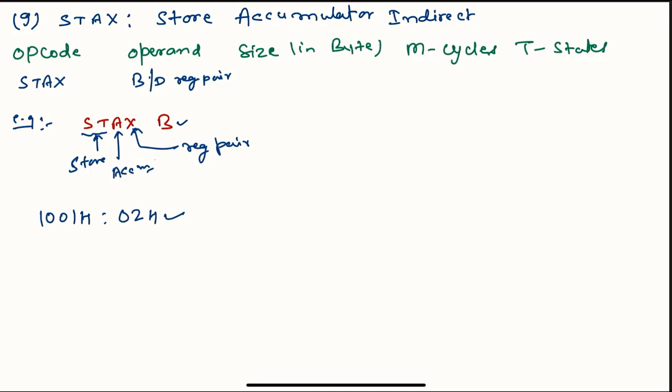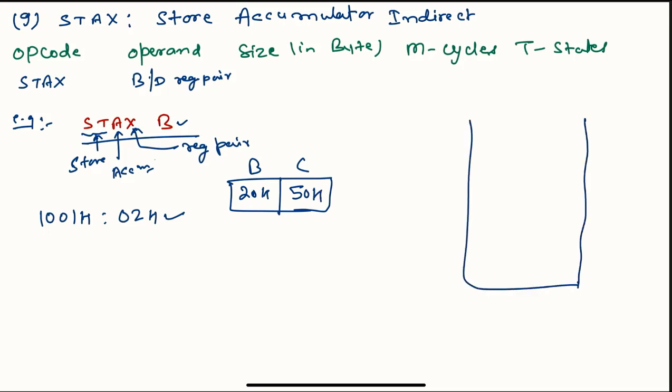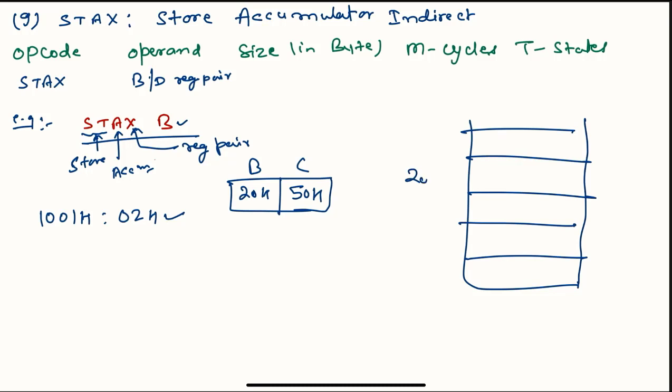Before execution of this instruction, if this BC register pair has the values 20H, 50H, then this will point to the address 2050H. Whatever is the content of the accumulator will be stored into this location.